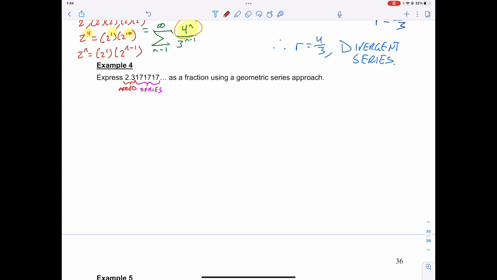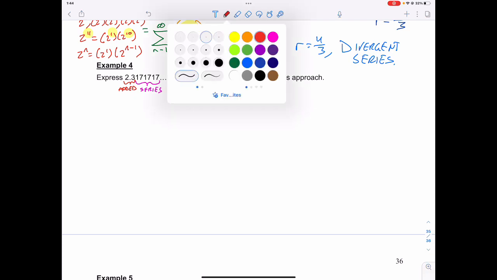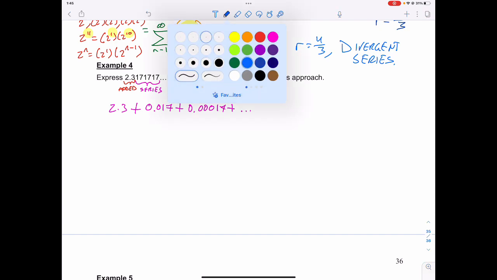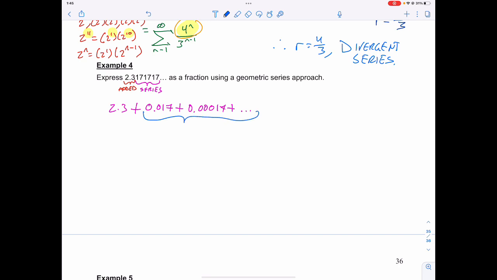It's not actually part of the series, which means that I'm going to start by taking that 2.3, and then I'm going to be adding 0.017, and then I'm going to add to that 0.00017, and it's just going to keep moving the decimal place over by 2 over and over and over again, where once again, this part is actually my geometric series.